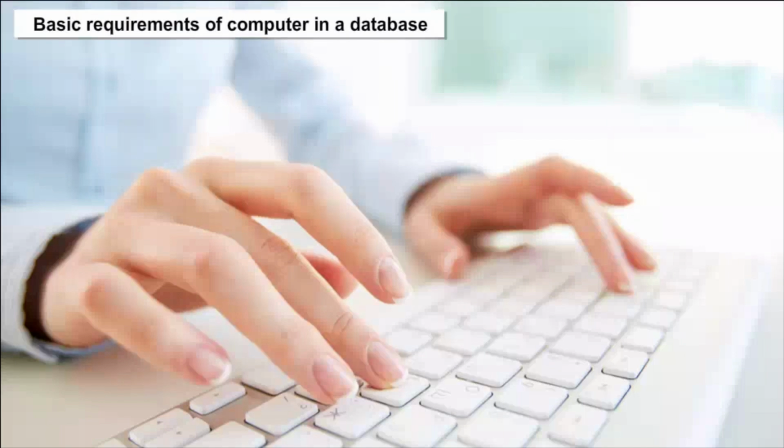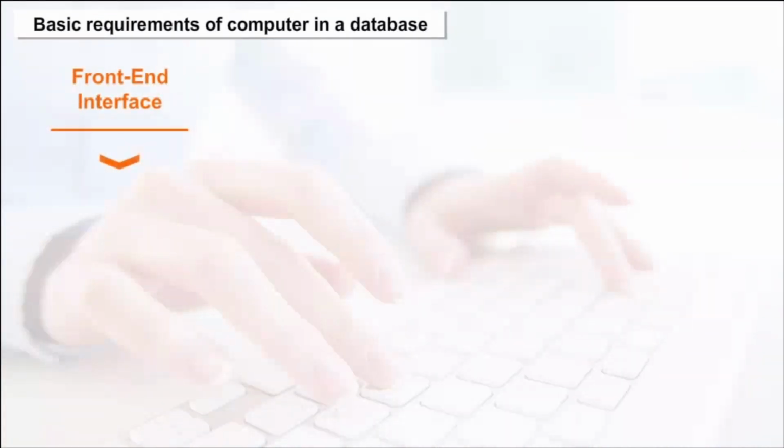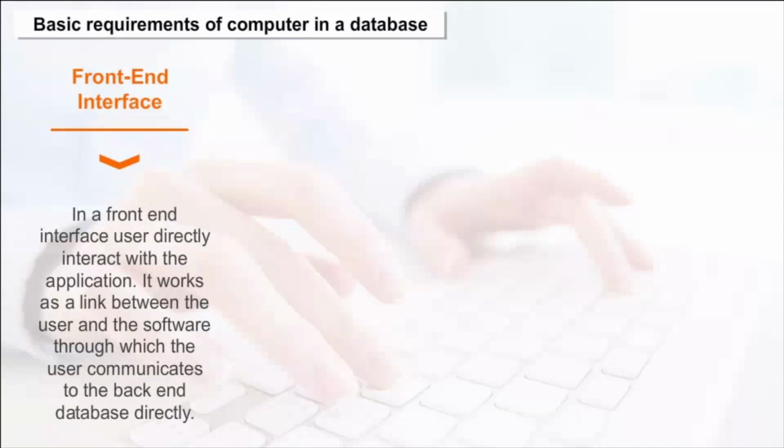Basic requirements of computer in a database. Front-end interface. In a front-end interface, the user directly interacts with the application. It works as a link between the user and the software through which the user communicates to the back-end database. Back-end database.